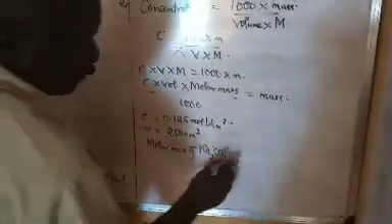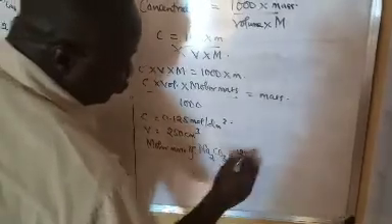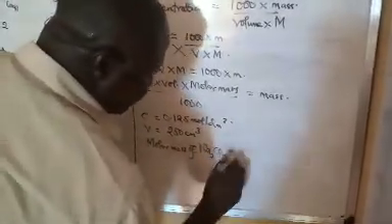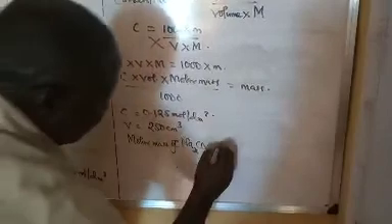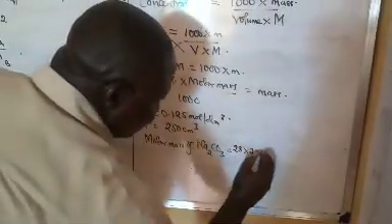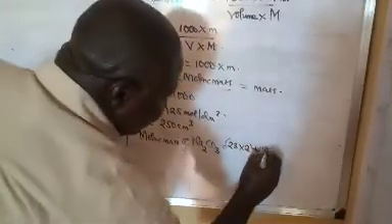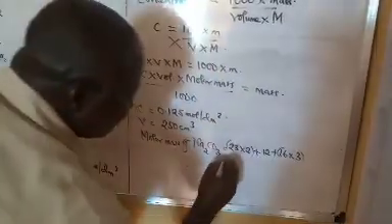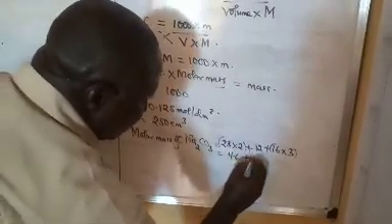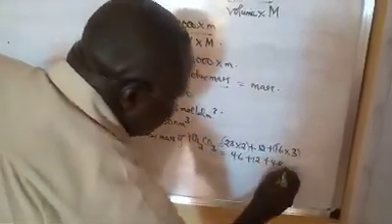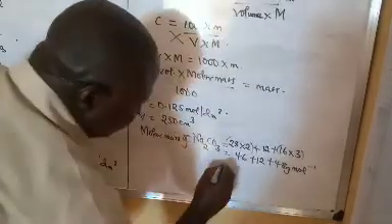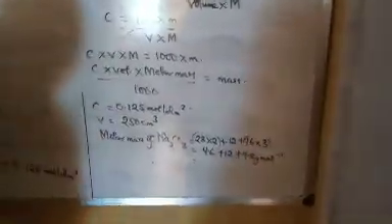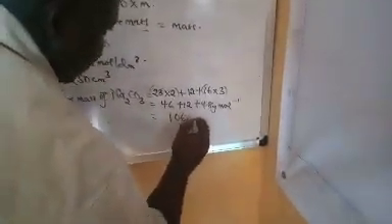Sodium is 23, times 2, plus carbon is 12, plus oxygen is 16 times 3. This gives us 46 plus 12 plus 48 grams per mole. 46 plus 12 gives us 58. 58 plus 48 is 106. This is 106 grams per mole. So we are getting very close to it.